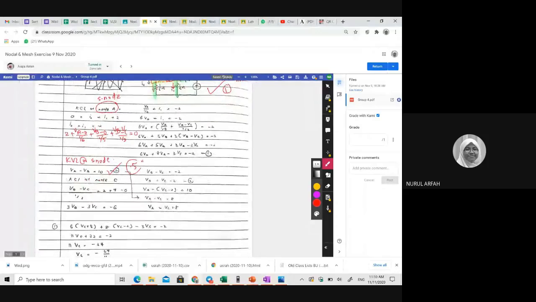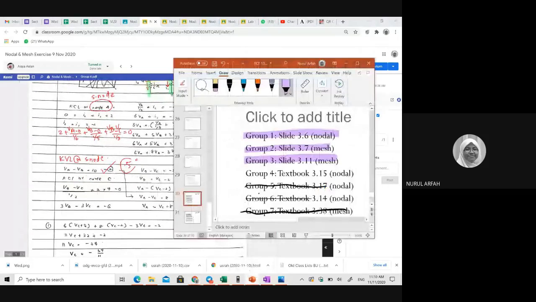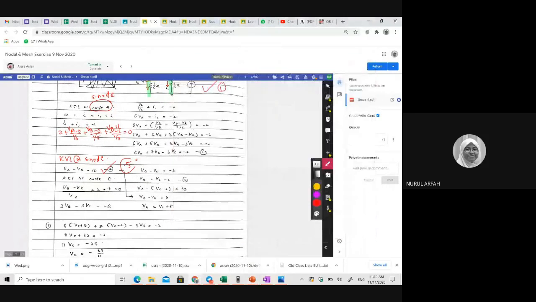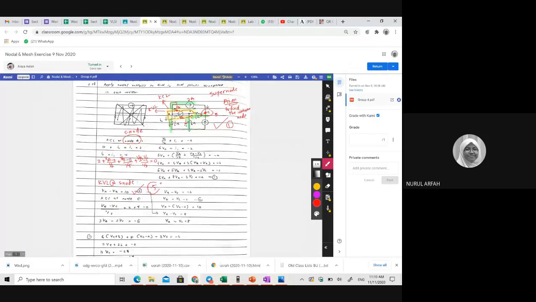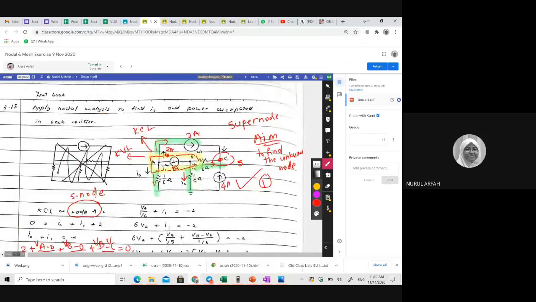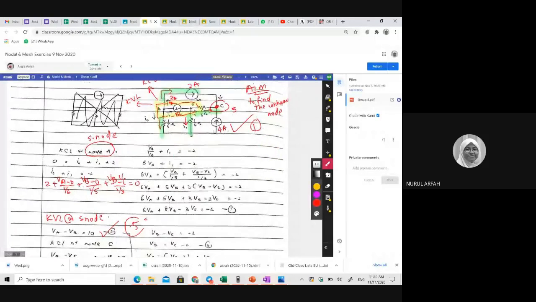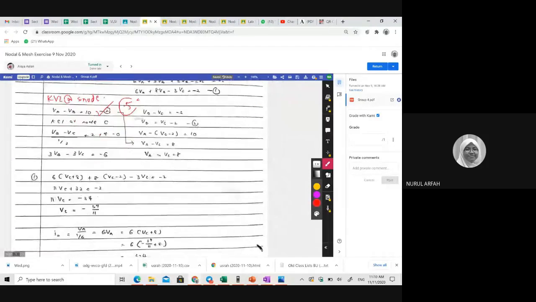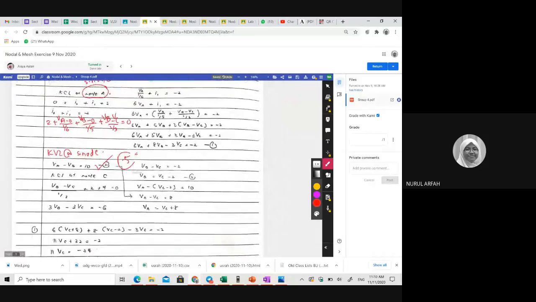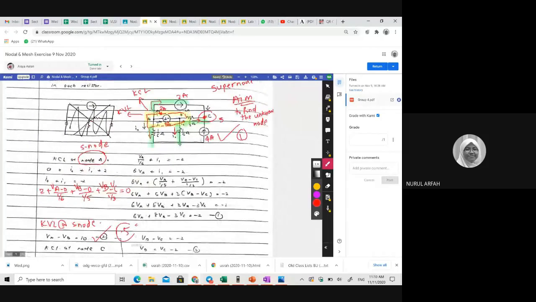Let me check here. This is 4. This is 4 amps. Okay. So you have another one over there. 1/3. Where is that equation? There isn't any.